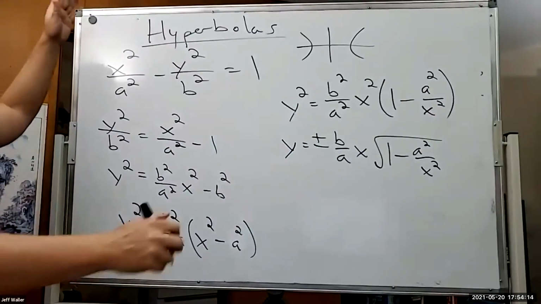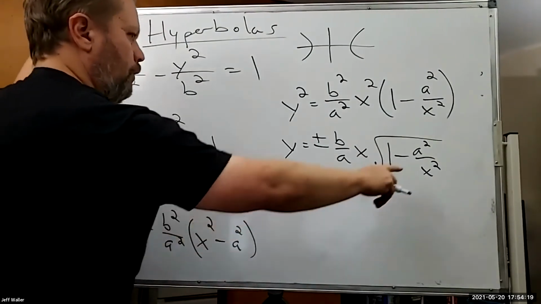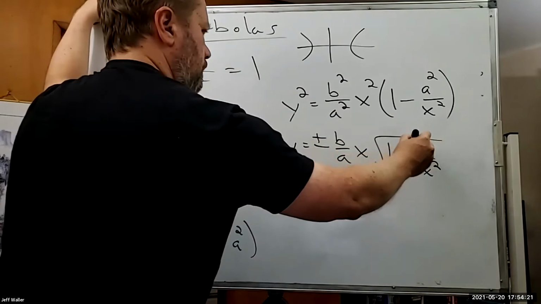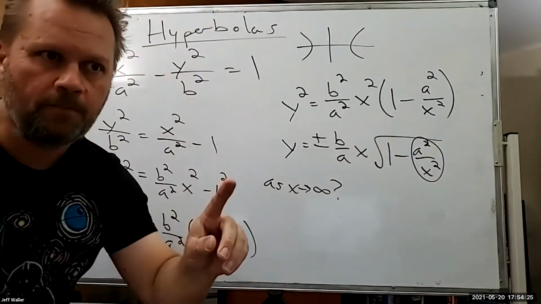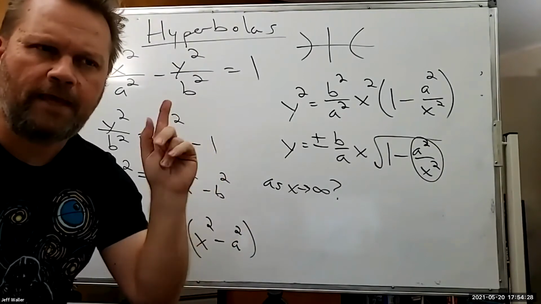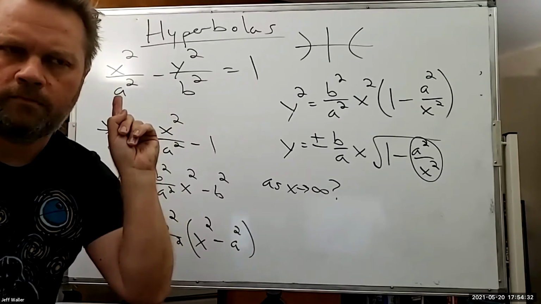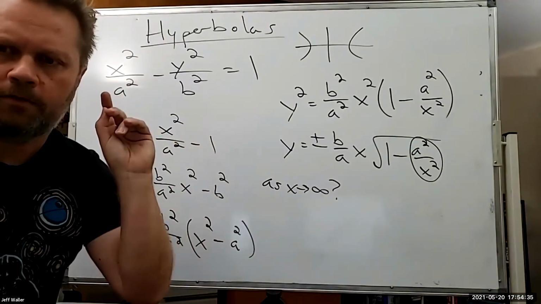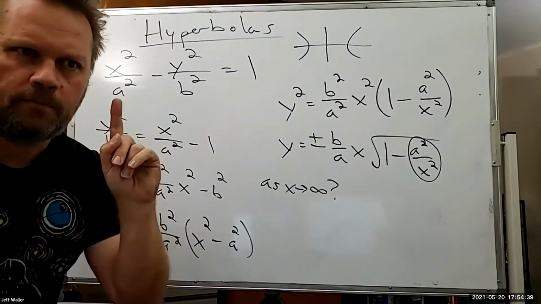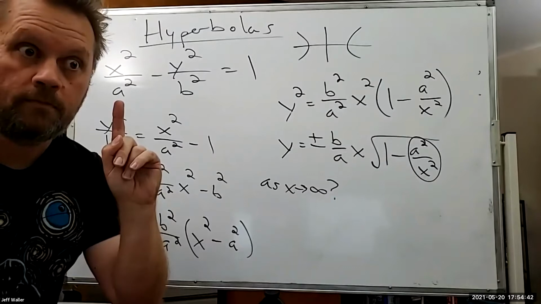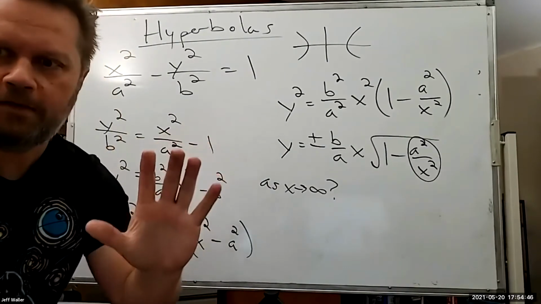So what happens as x goes to infinity? What happens to this piece right here? As x gets really, really big, what's a?